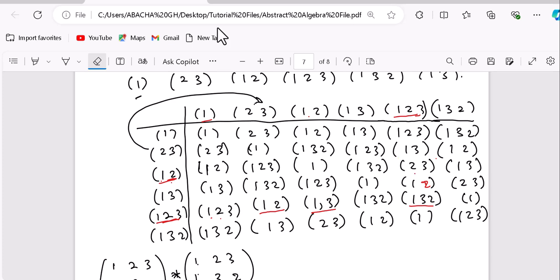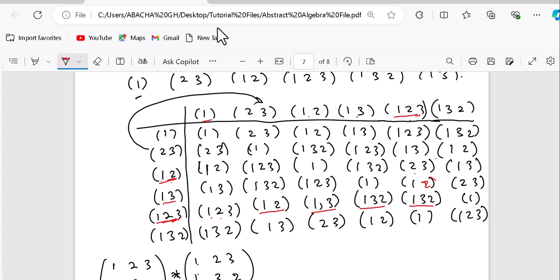Good. Now let's come to the third element. We are operating (1 2 3) with (1 3) this time. If I operate (1 2 3) with (1 3), I get (1 3 2). Now operate (1 3) with (1 2 3). I'm getting (1 2).